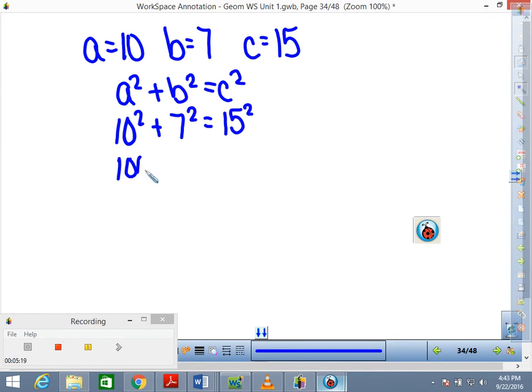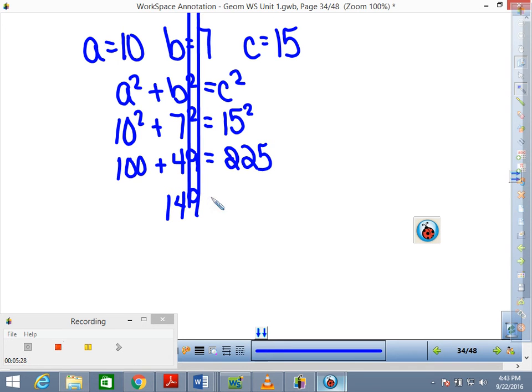So this is 100 plus 49 should equal 225. But guess what? There's no way that 149 will ever equal 225. So therefore, we know it's not a right triangle.